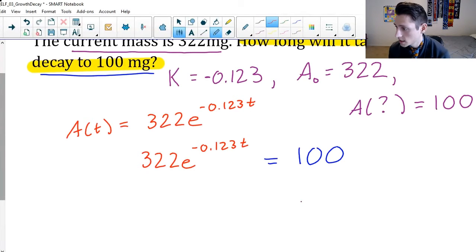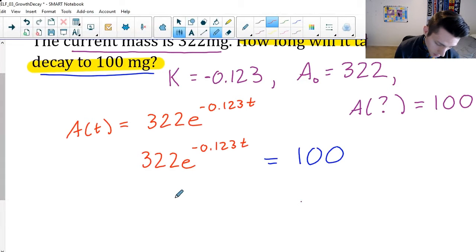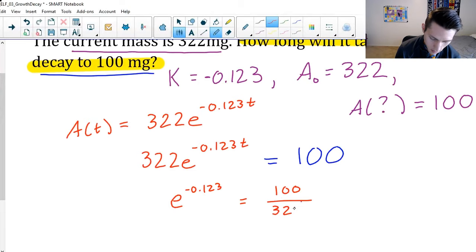So this is now exactly why we did those solving exponential equations before, right? So first, I'm going to divide by 322. So 100 divided by 322.